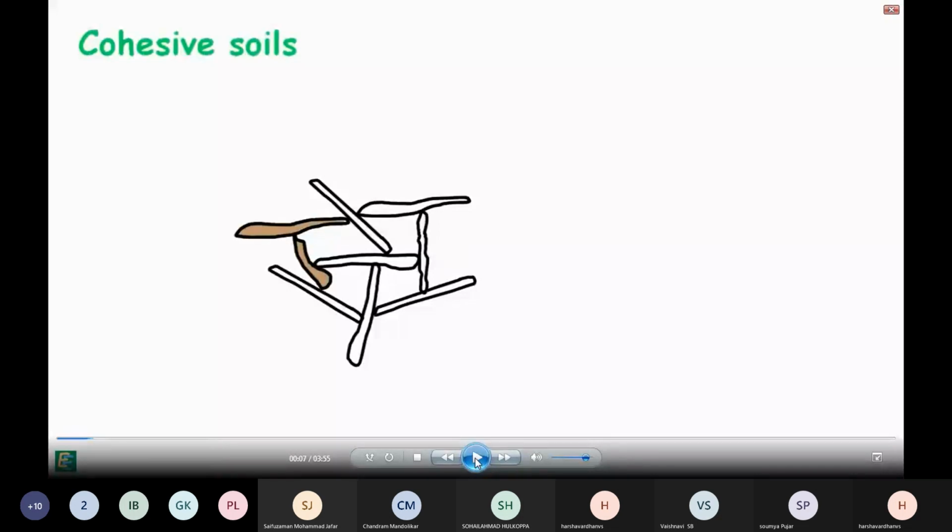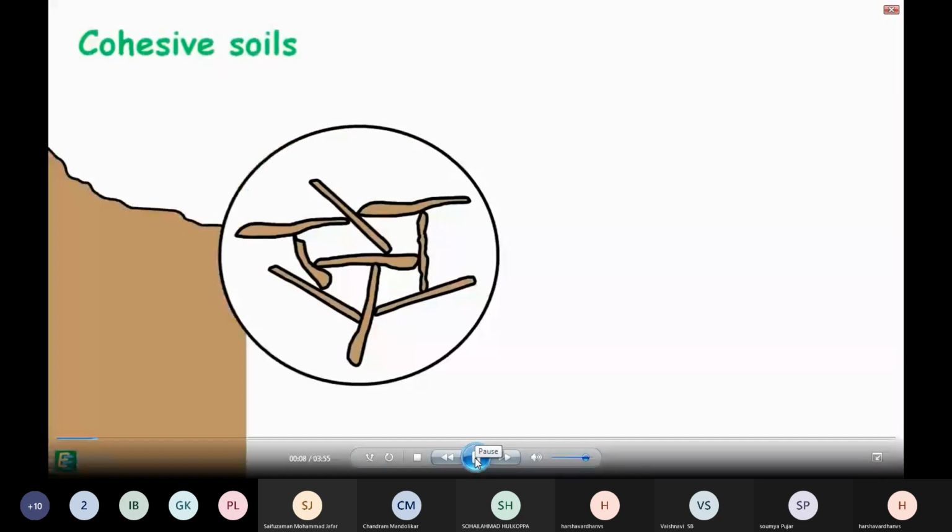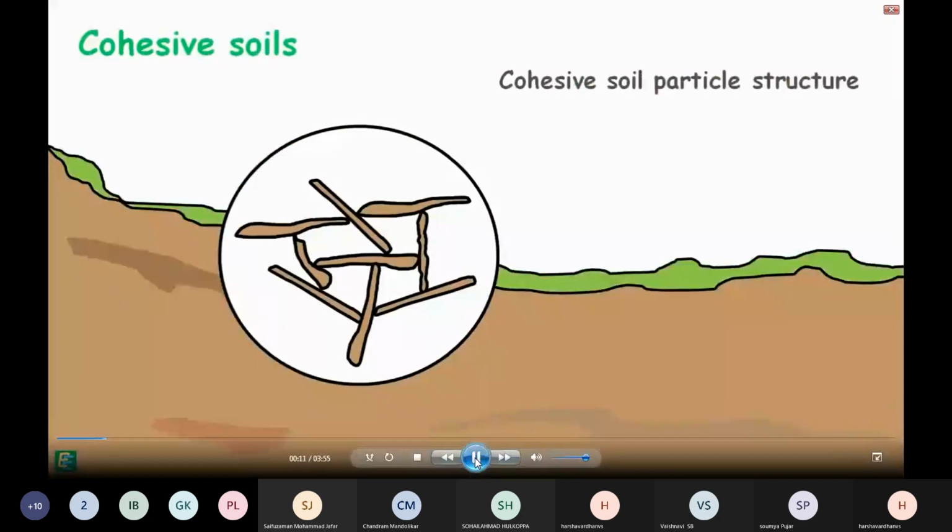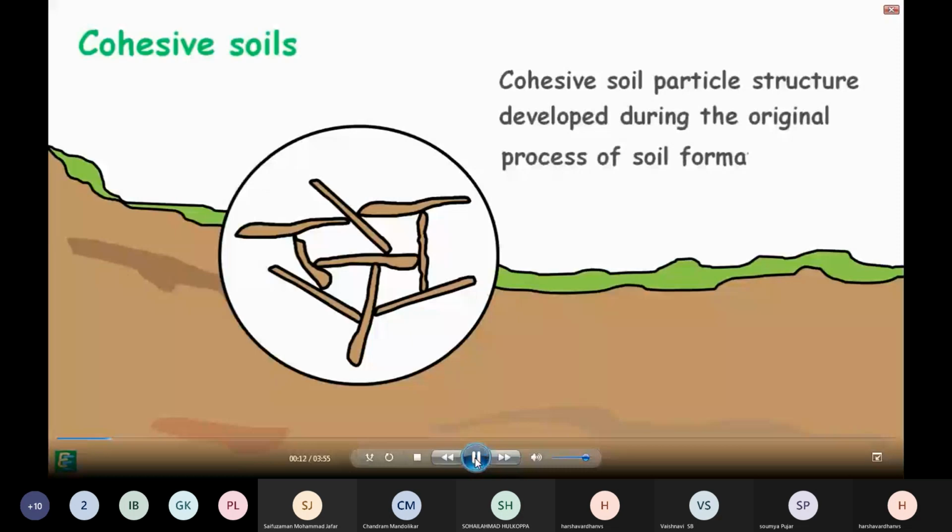Cohesive soils, when you deal with cohesive soils, they have a definite particle structure developed during the original process of the soil formation. I told you the type of soil structures for cohesive soil: either it is flocculated or it is dispersed.